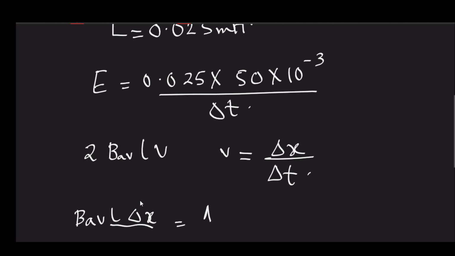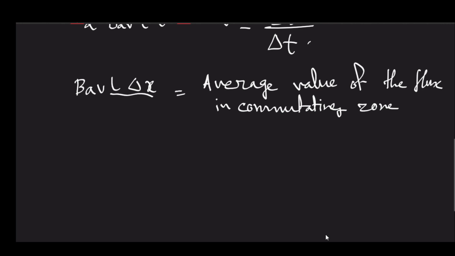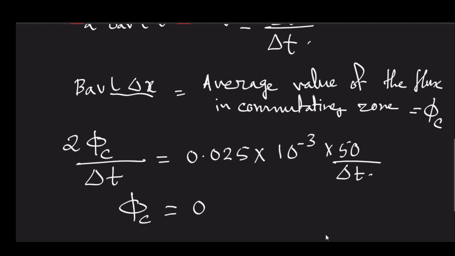So what you can write that 2 into this flux, if this is phi c, by delta t is equal to 0.025 millihenry into dI by dt, so commutating region flux need to be 0.625 milliweber as per their calculation. Please check it. Right.